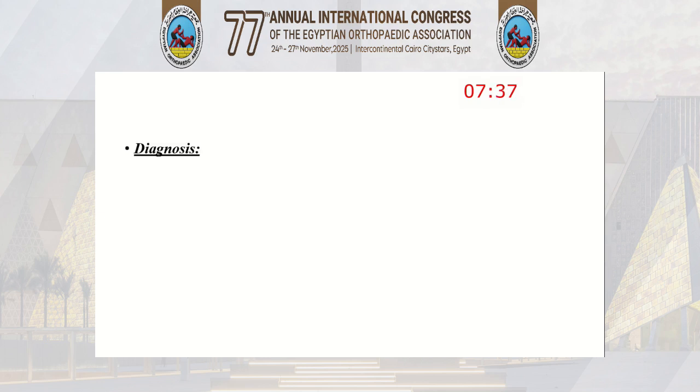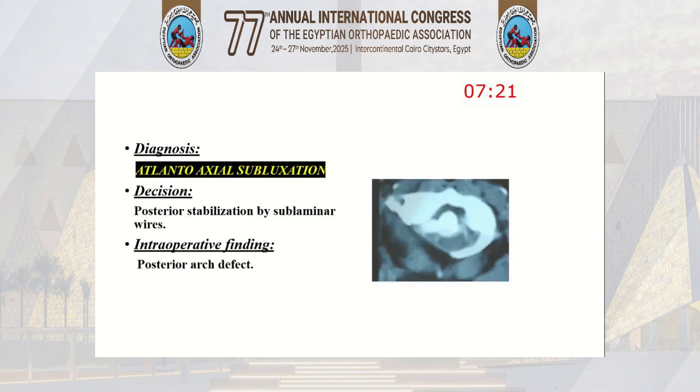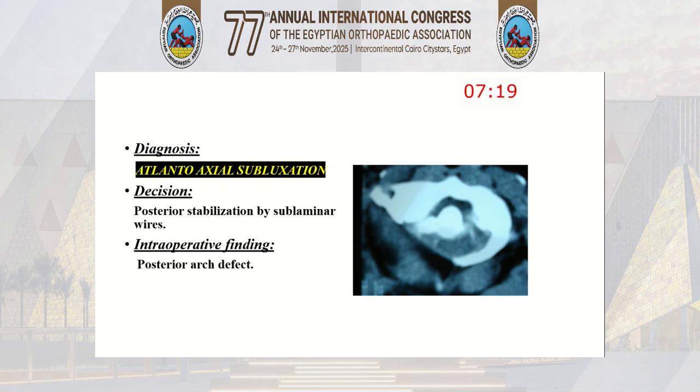This case was done maybe 25 years ago. By that time, it was not the custom to do C1, C2 screwing, so we used to do wires. I put her in traction, and then when I tried to put sublaminar wires, I found that the posterior arch of C1 is incomplete.